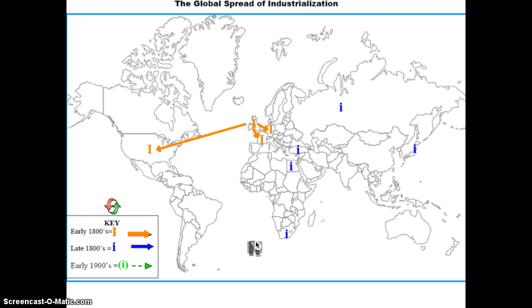Another place that industrializes in the late 1800s is Ethiopia. So let's take another lowercase i and place it on Ethiopia. Here's Ethiopia. Their leader, Menelik II, begins to industrialize Ethiopia, again copying what the Europeans had done.